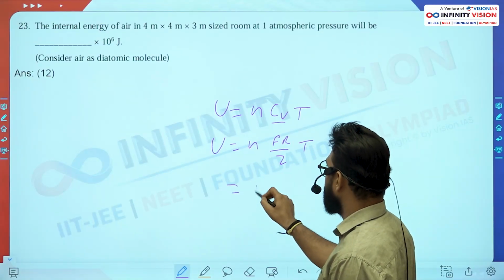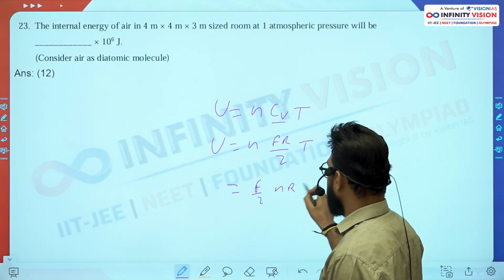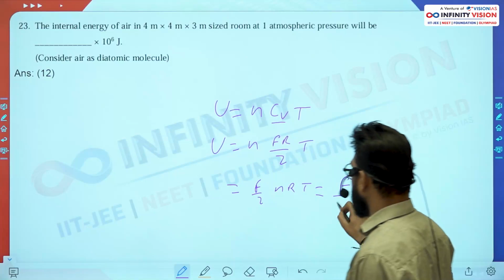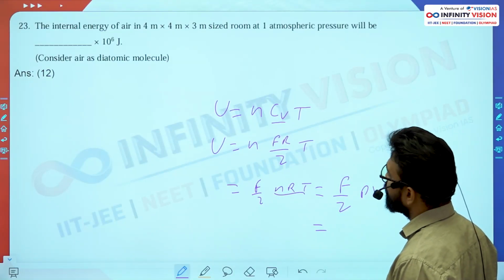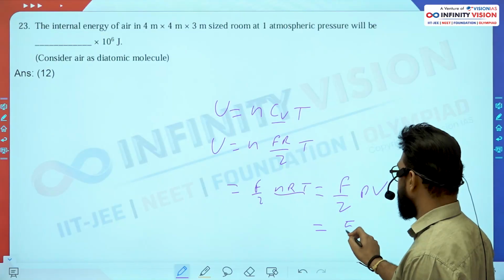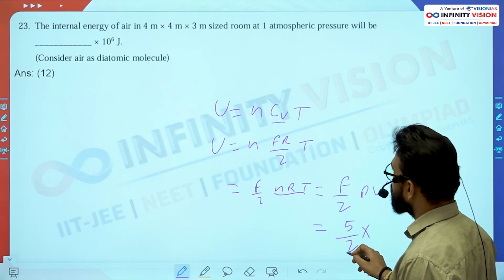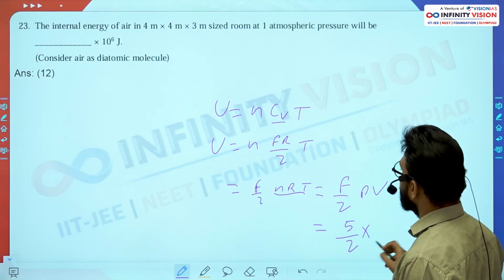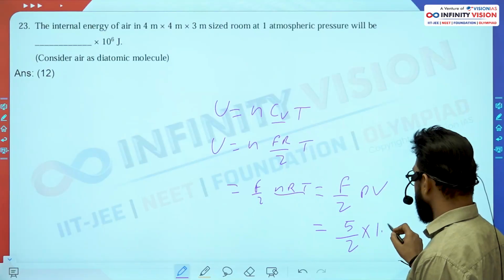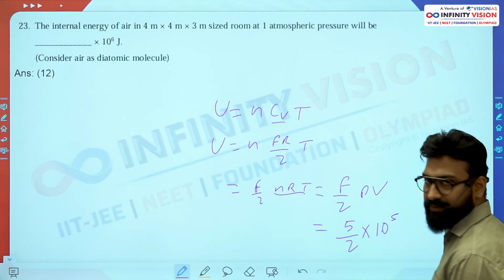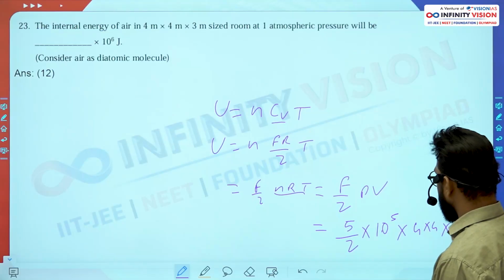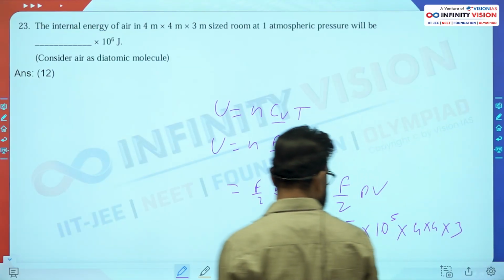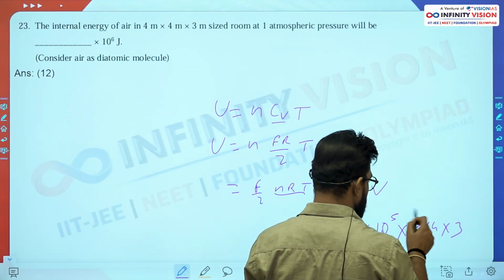So this could be written as f by 2 nRT, where nRT is PV. The degree of freedom for diatomic is 5, so 5 by 2, and the pressure is 1 atm, which is 1.012 into 10 to the power 5, and the volume is 4 into 4 into 3, which is 48.